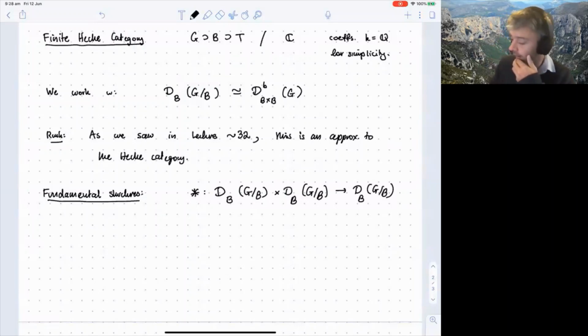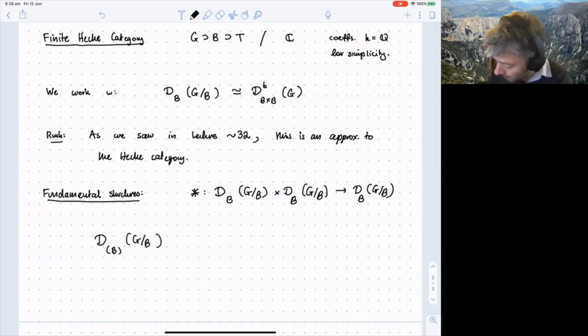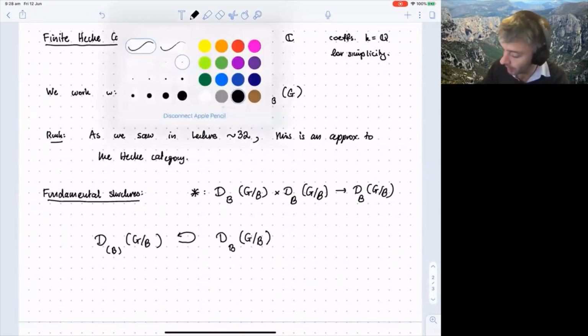I've discussed this convolution a number of times. A very important point that probably has not been emphasized enough so far is we have two different incarnations, and it's very important to keep them separate in your head.